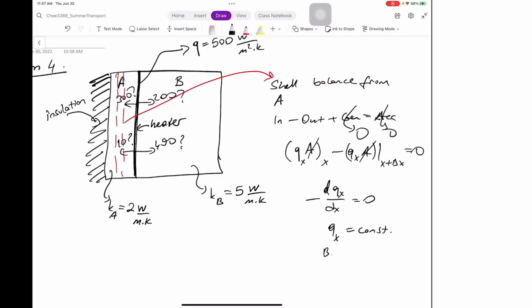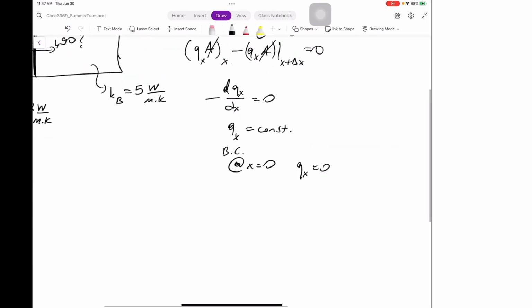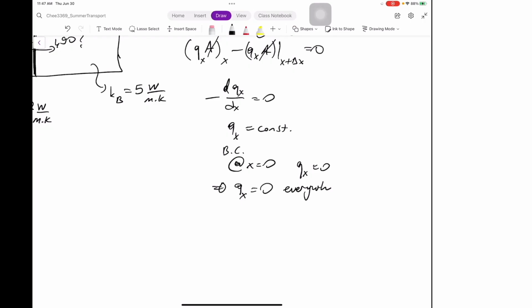But the boundary condition tells you that at x equal to 0 here, qx is 0. So qx is 0 everywhere within the insulation.